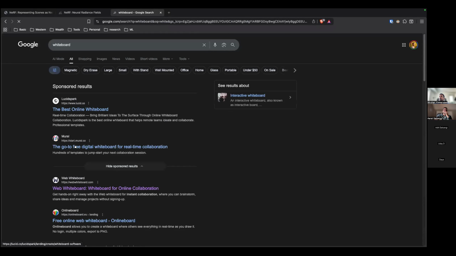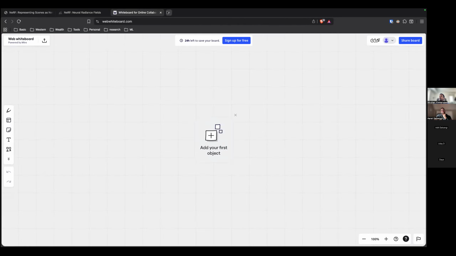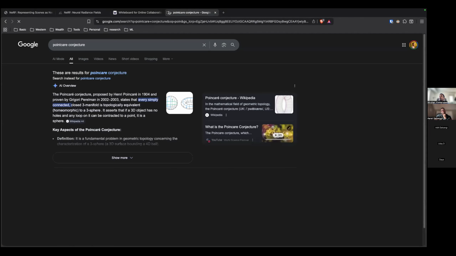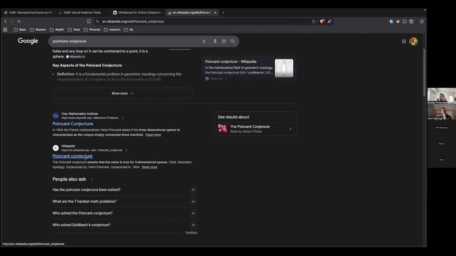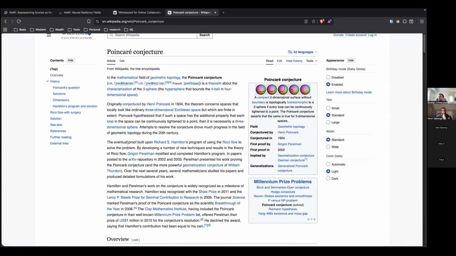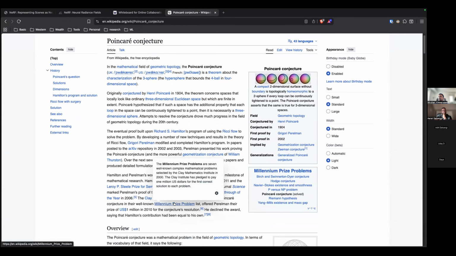Okay, so topology is a huge field in mathematics. If you are interested, there are these fundamental conjectures that have been framed as the Millennium Prize Problems.